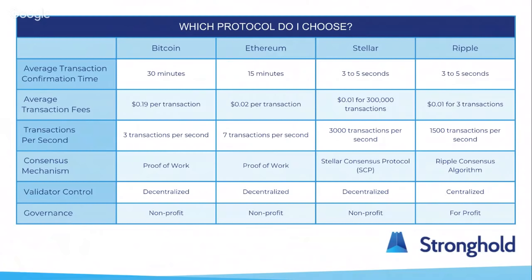Ethereum, of course, brought us smart contracts. The throughput, again, is quite low, but the power that smart contracts give businesses means it can't be ignored. And then we have the networks really built for on-ledger trade and foreign exchange, cross-border payments, like Ripple and Stellar, which are quite similar, with very high throughput, but the sorts of activities you can perform on them are more limited compared to Ethereum.